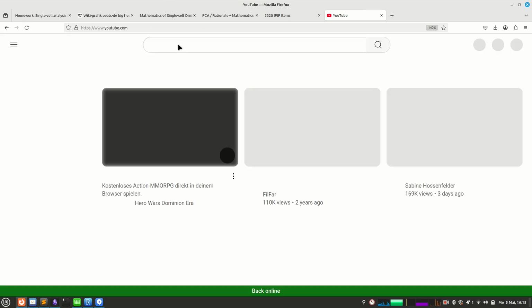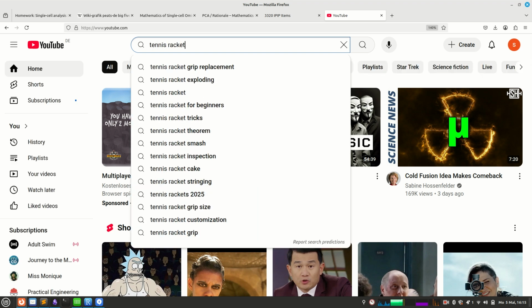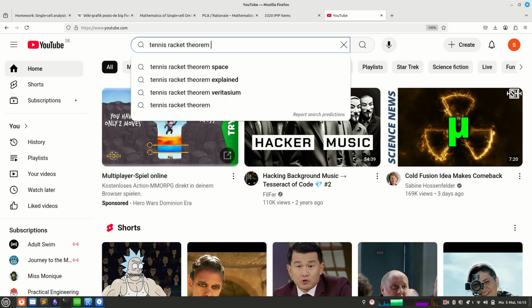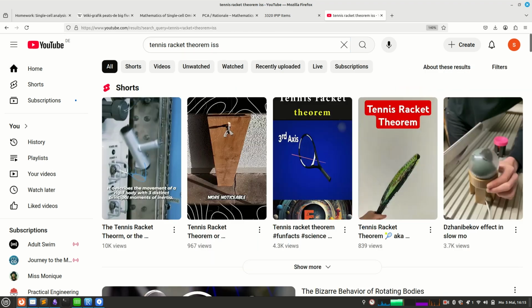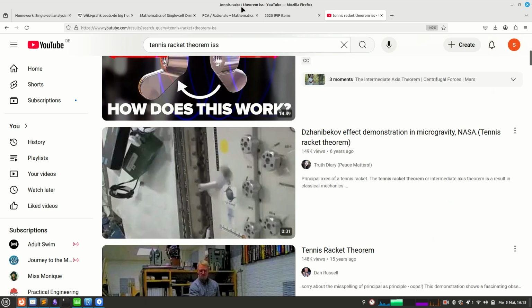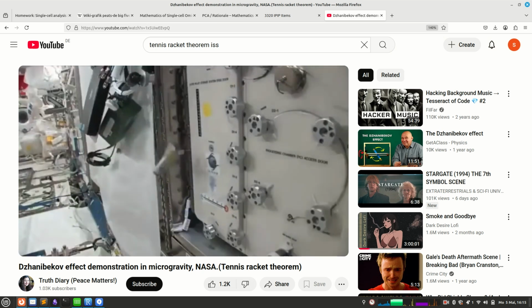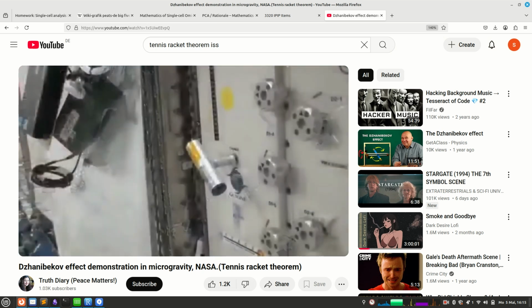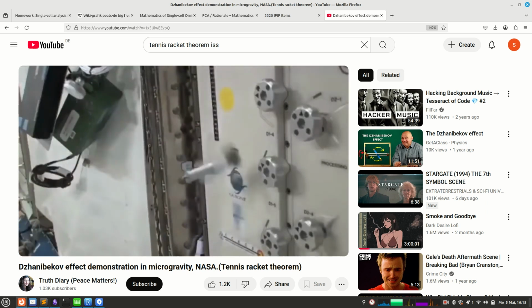Let me check for a moment. Tennis racket theorem ISS. See if we find this famous thing here. In English it's called the tennis racket theorem, in German it's called the Zanibekov effect. What you see here is I think the Mir station, the old Russian space station from before the ISS.